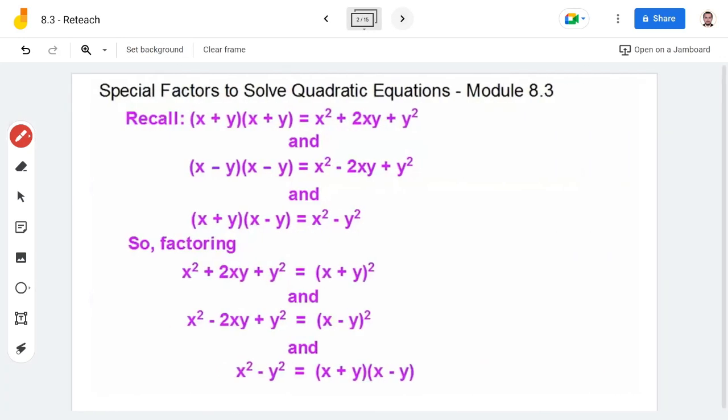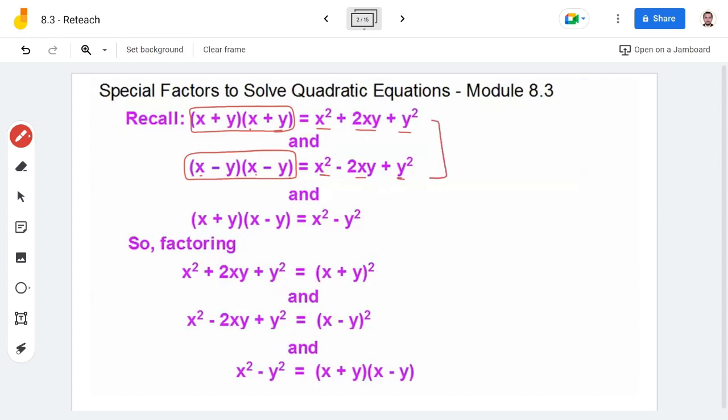Here, let's recall some properties that we learned before. First, if I have x plus y and x plus y, I can combine these two together to write them as x squared plus 2xy plus y squared. And if we have a negative, we square the first term, x squared, multiply x with the second term by 2, and then square the second term.